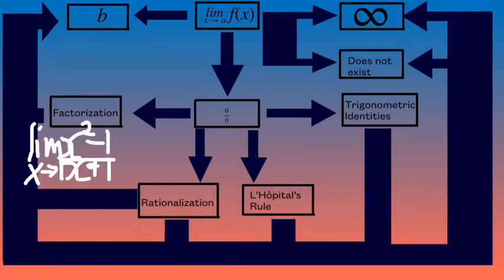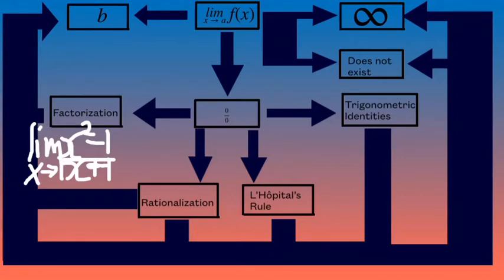If you assume x squared minus 1 over x minus 1 is the f of x, and substitute in 1, you're going to get 0 over 0.